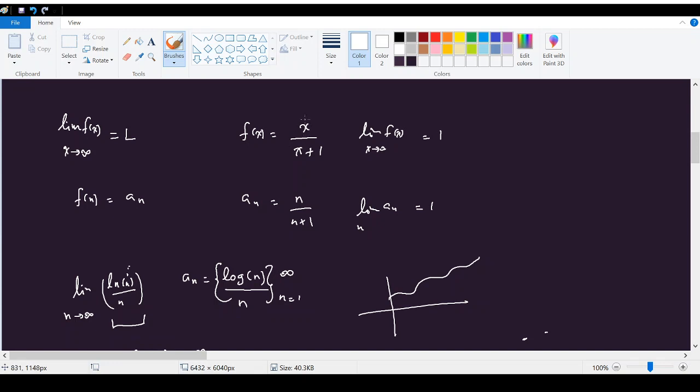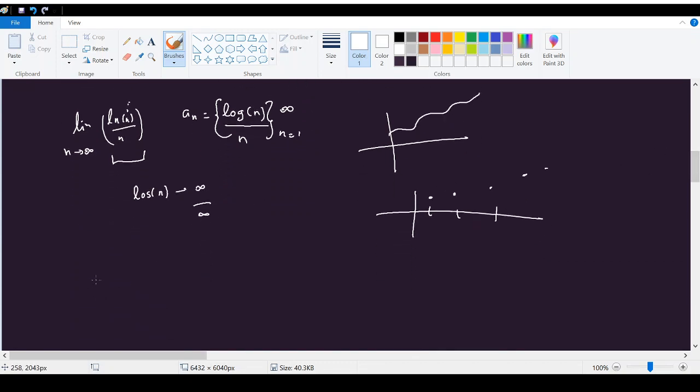Here we had a function at the beginning and we converted it down to a sequence. Now we should go the other way. We have a sequence and we need to look at the corresponding function. If we look at the corresponding function, then it becomes ln x divided by x. Then we can see whether we have a limit for this continuous function, and for that we can use L'Hopital's rule.